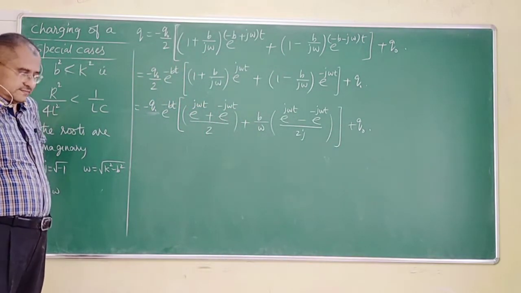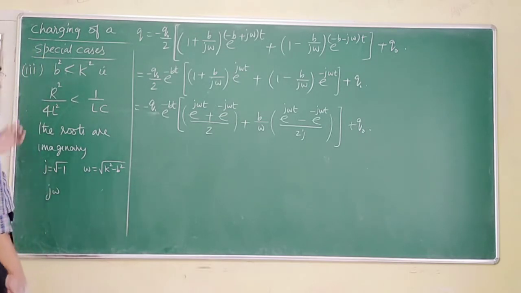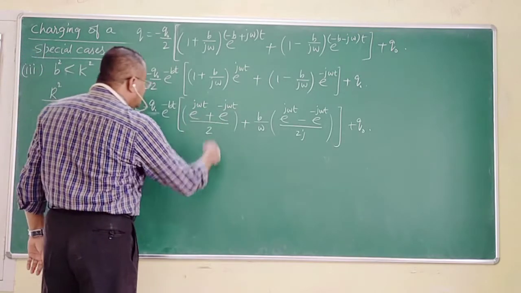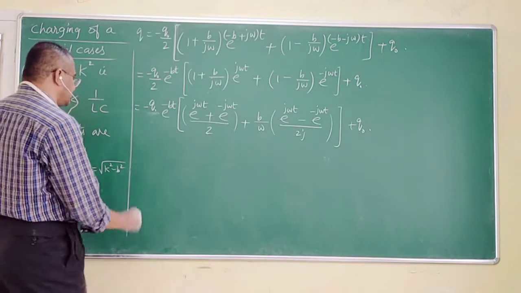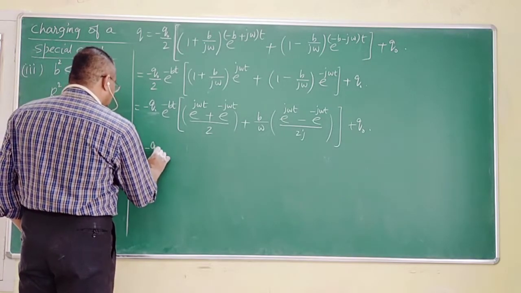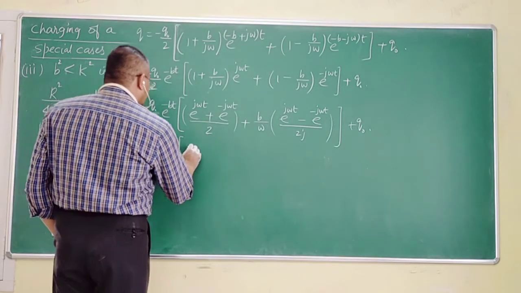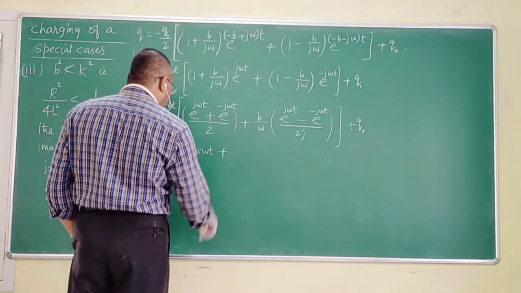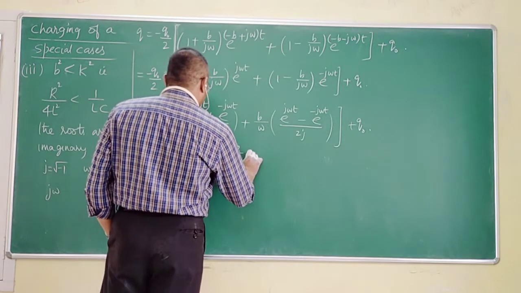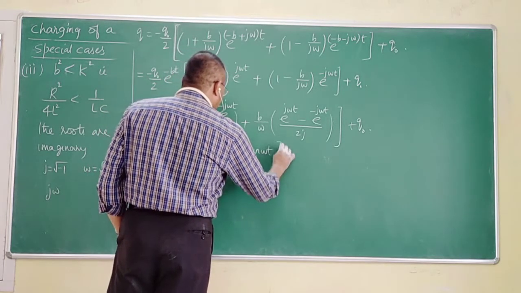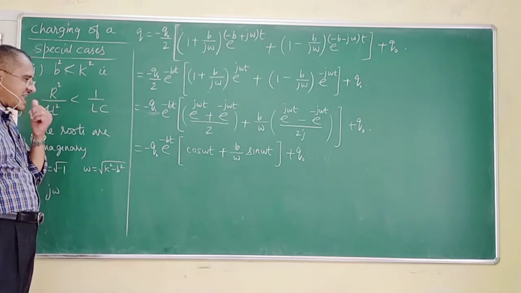If you recall your trigonometry knowledge, you know that e power j omega t plus e power minus j omega t upon 2 is cos omega t. Therefore, minus q naught e power minus bt into cos omega t plus b by omega sin omega t plus q naught. Am I right, sir?